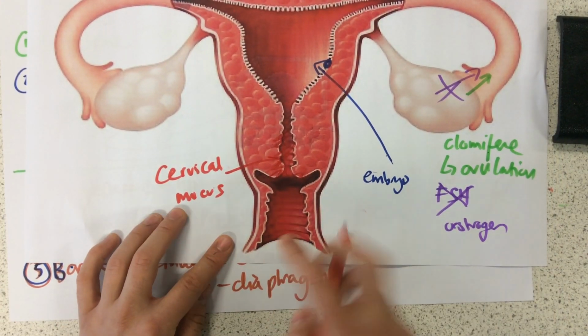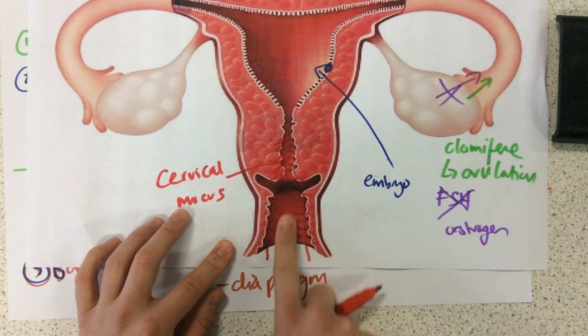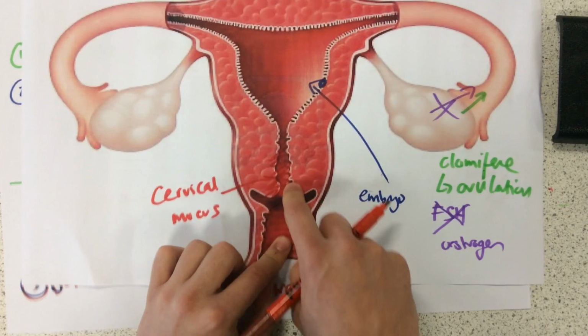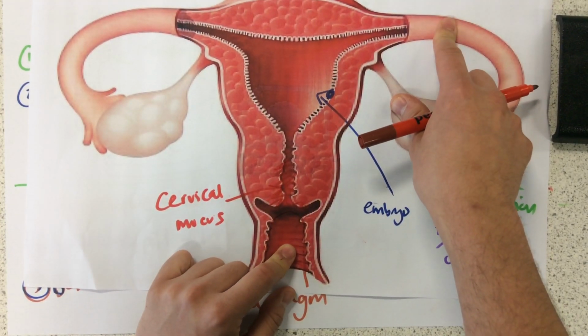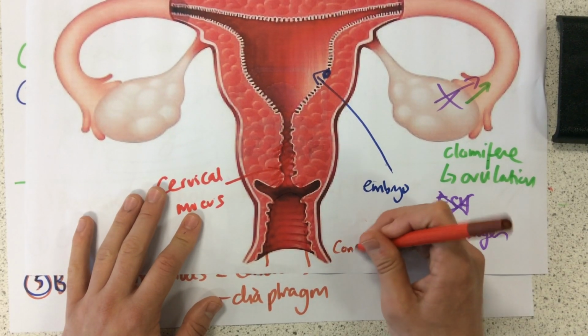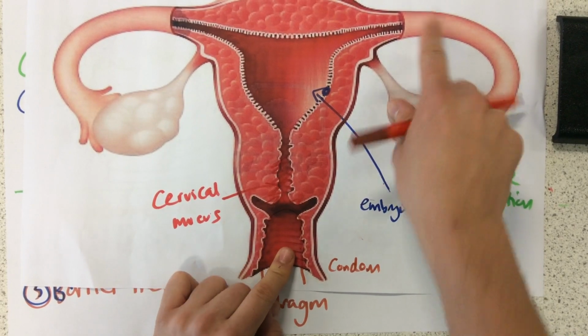So the penis enters here in the vagina. If the person is wearing a condom over their penis, it means that the sperm are caught within the condom and they will not reach the egg. So it's just a physical barrier to stop the sperm cells reaching the egg.